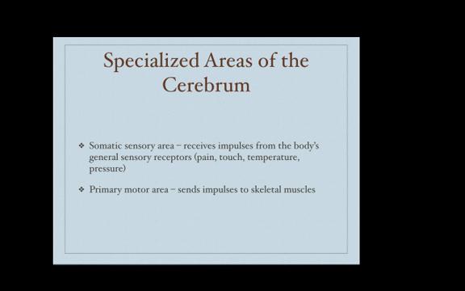The somatic sensory area is basically a lot of incoming information, things like pain, touch, temperature, and pressure reception. And then the primary motor area is sending impulses to those same areas, controlling the muscles, sort of responding to the sensory input.